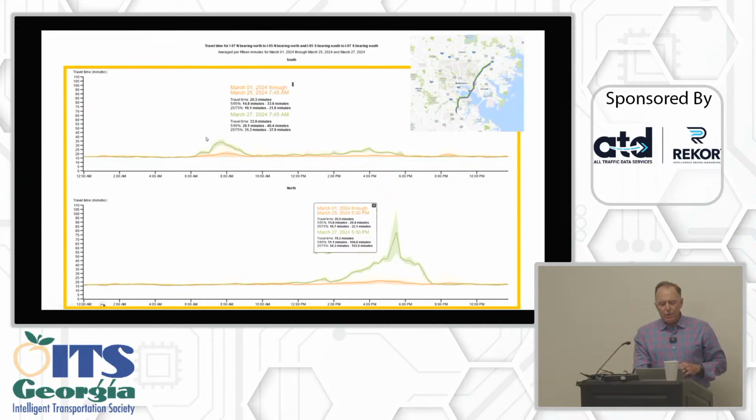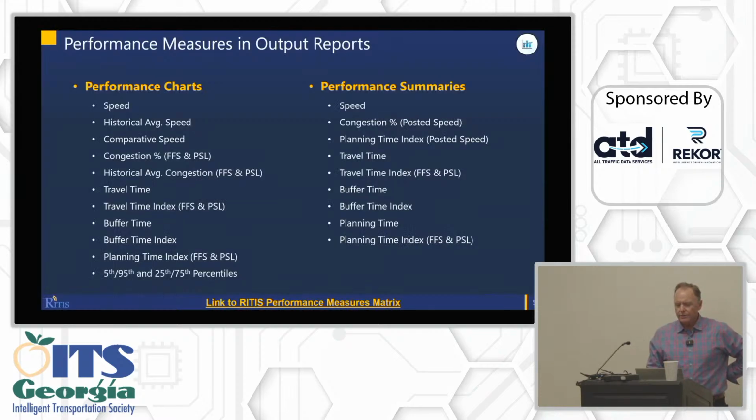Another example, this is an executive report that was a super simple email executive report going out to the governor's office for the state of Maryland. Performance charts. This one was illustrating the impact that the collapse of the Francis Scott Key Bridge in Baltimore had on the local surrounding interstates.